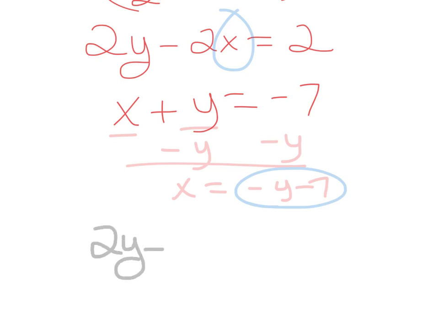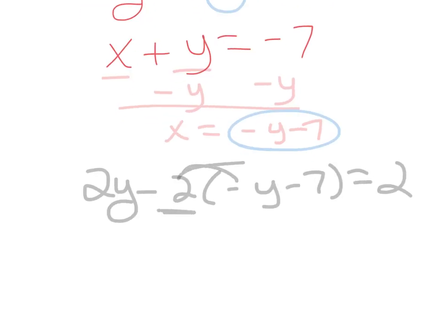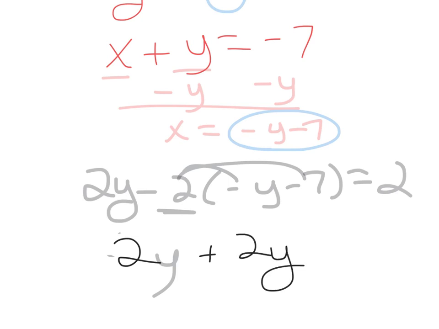So 2y minus 2 times negative y minus 7. Distribute the negative 2. So I will distribute the negative 2. This will become a positive 2y, a positive 14 equals 2.